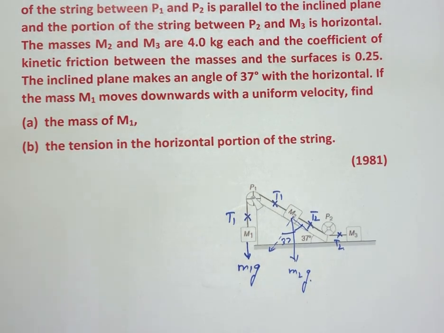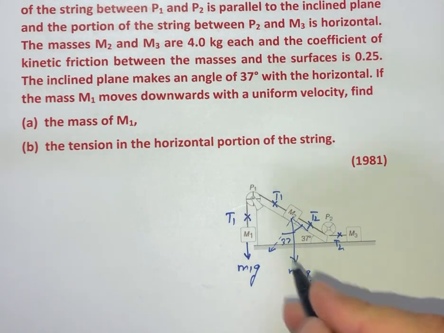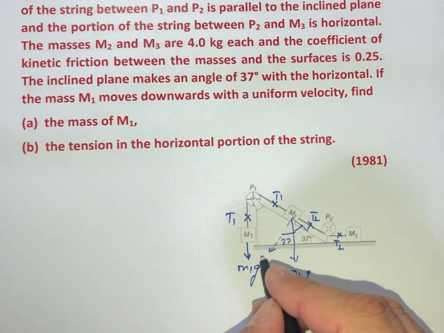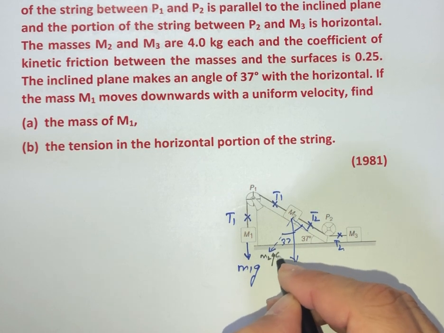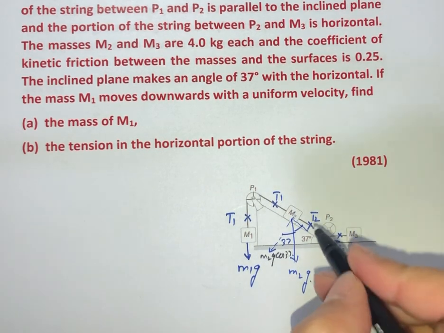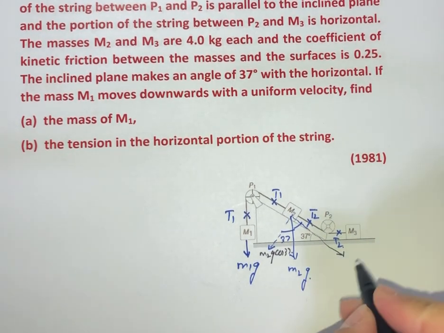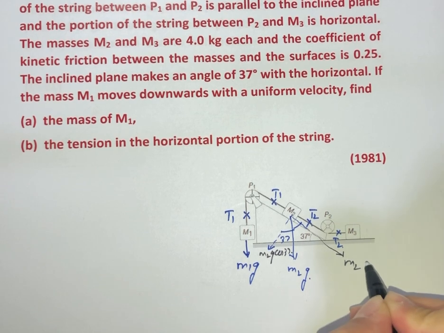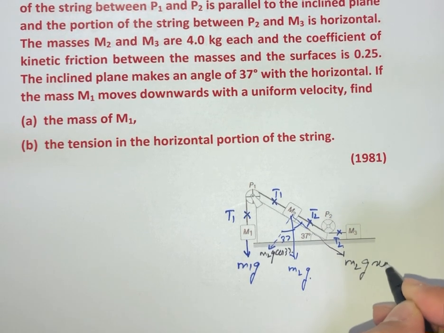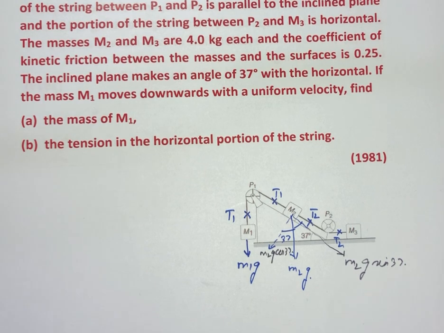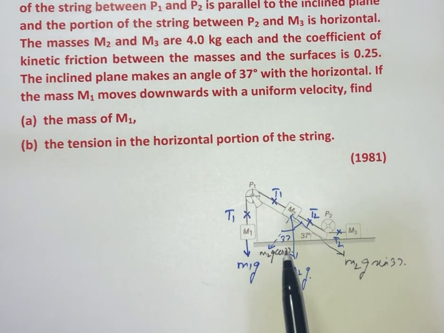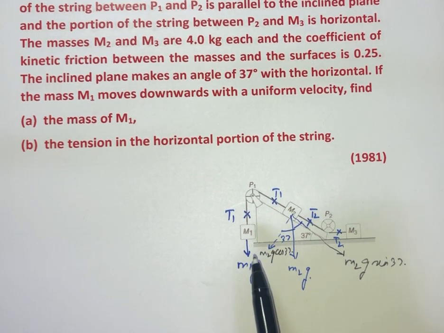So we have the component in this direction which will be equal to m2g cos 37, and we are going to have this component which can be written as m2g sine of 37. First of all we are going to find out what will be the mass m1.